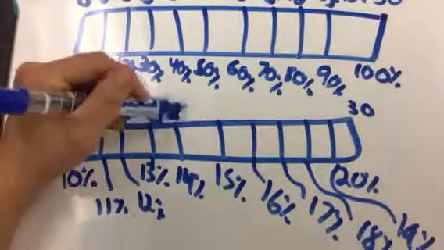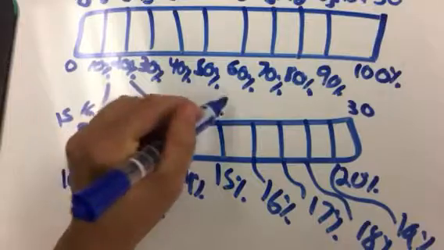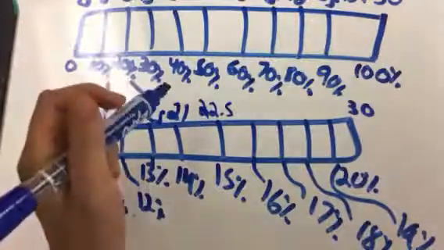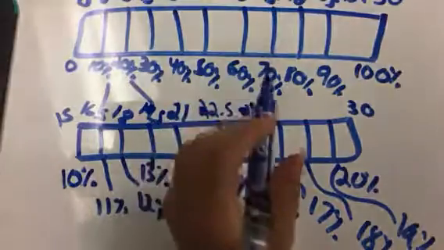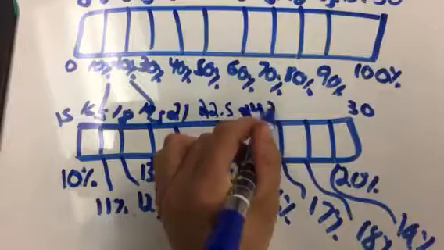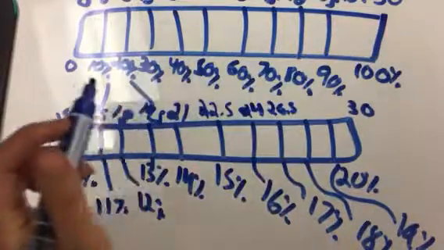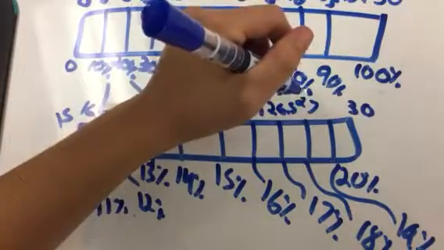And then we have 21. We have 22.5. Then we have 24. And then we have 25.5. And then we have 27. And then we have 28.5.